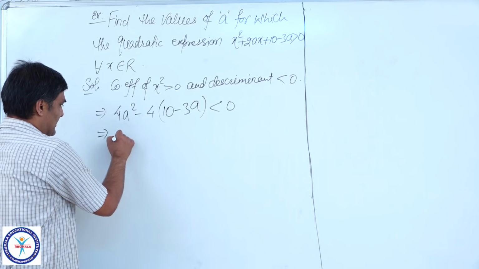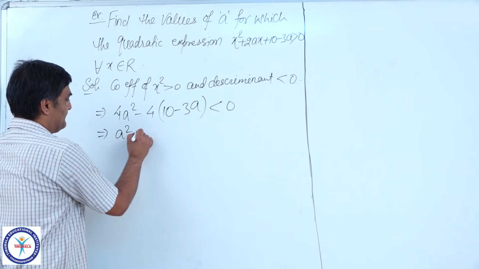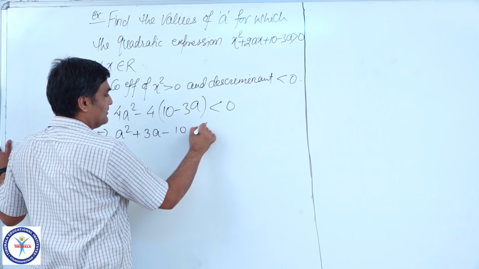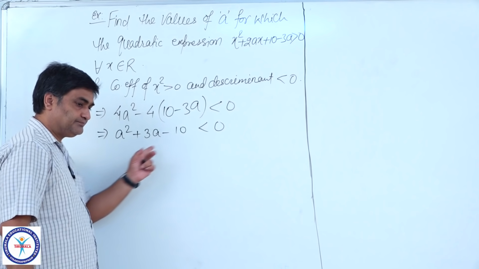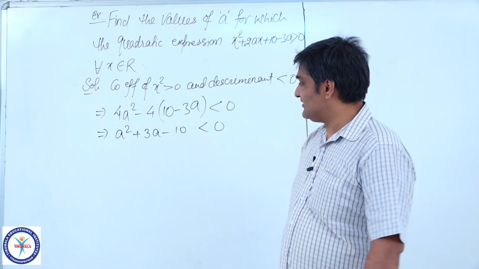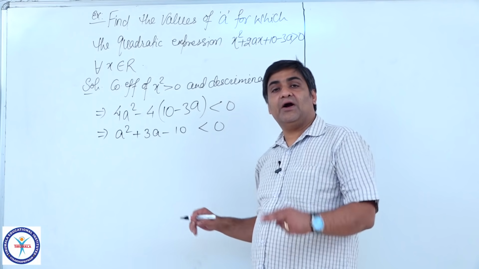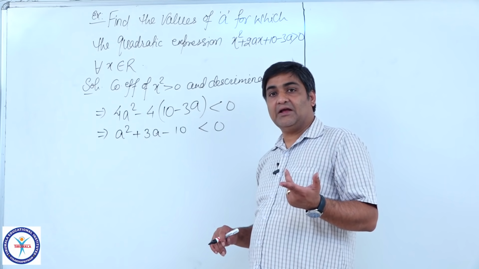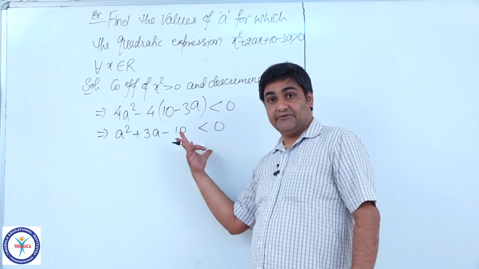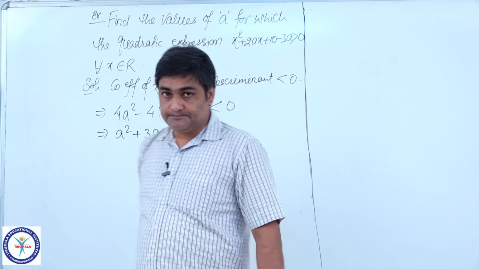So we have a square plus 3a minus 10 less than 0. For finding our answer, we have to find those values of a for which this expression is less than 0, that is negative.